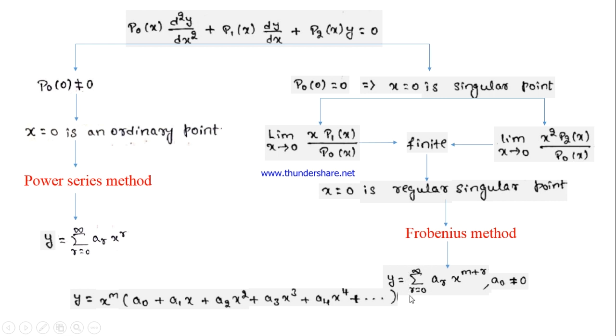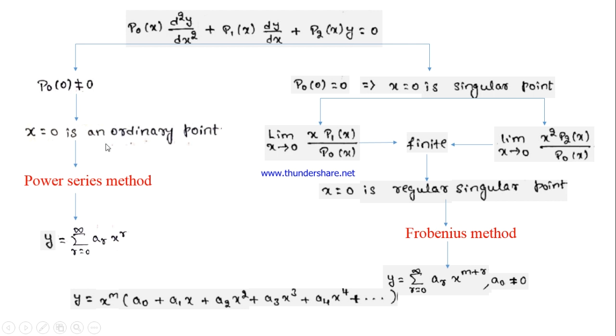The summation depends on r, so x power m is purely a constant here. If I want, I can just keep it outside the summation. So that is what I have done here. I just kept x power m outside the summation, and the remaining infinite series is exactly the same as this.